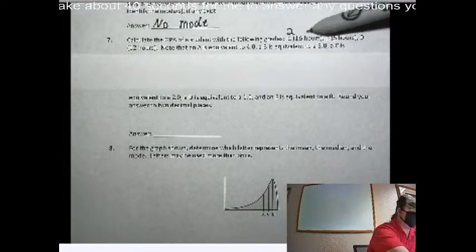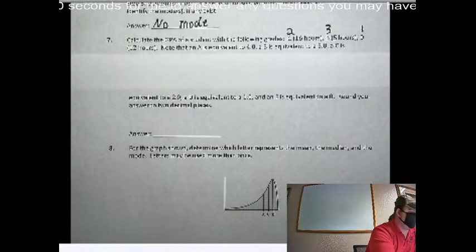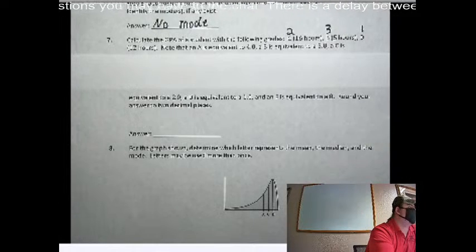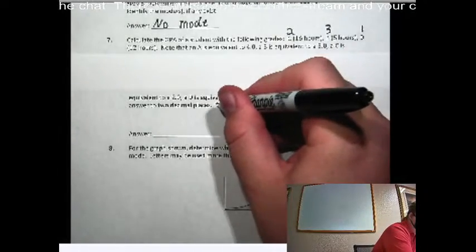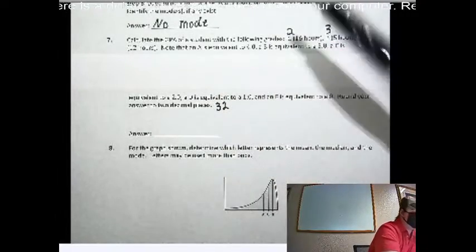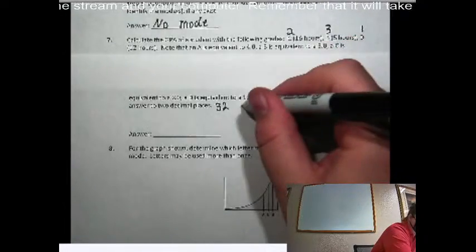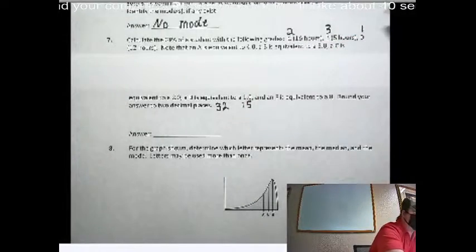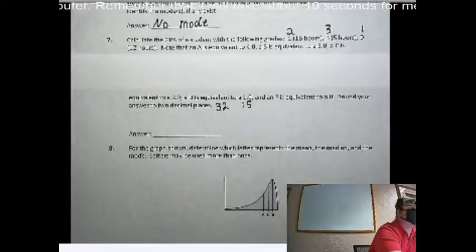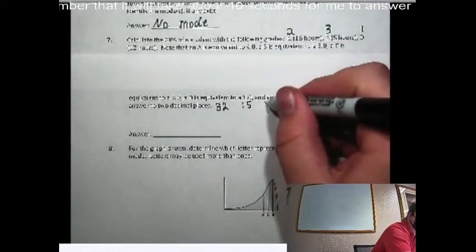So what is 2 times 16? 32. Good. 3 times 5? 15. Good. And 1 times 12? Good.